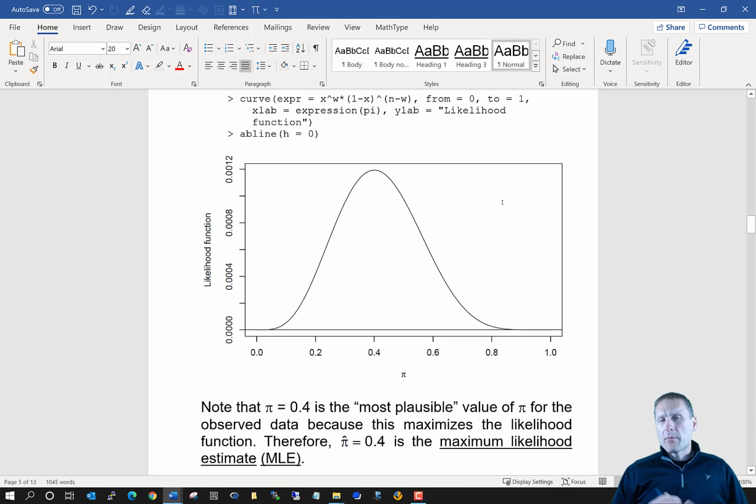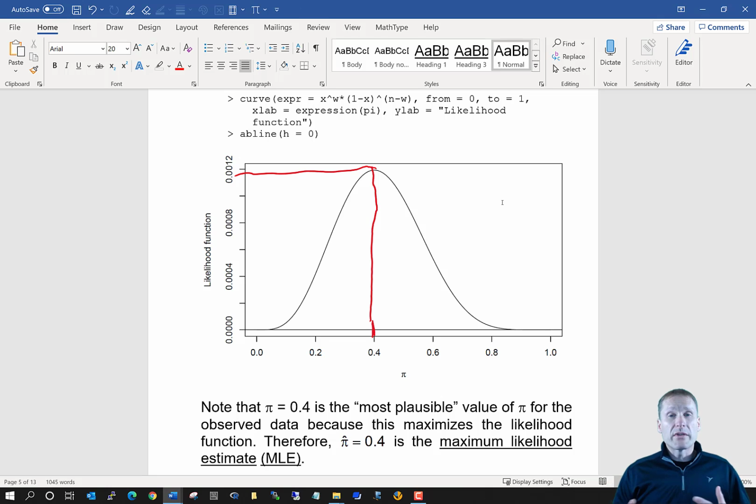Now, the way that maximum likelihood estimation works is that the most plausible value for your parameter is the one that maximizes the likelihood function. In this particular case, we can see that at pi equal to 0.4, that's where I reach the top of that curve.